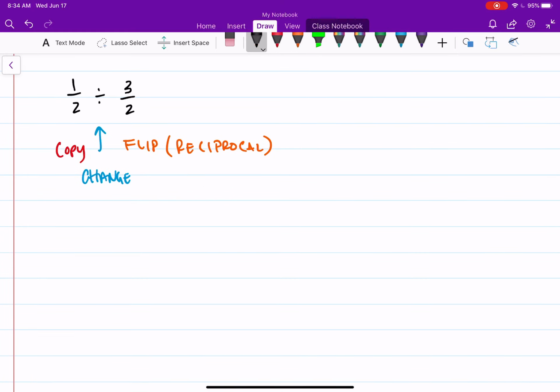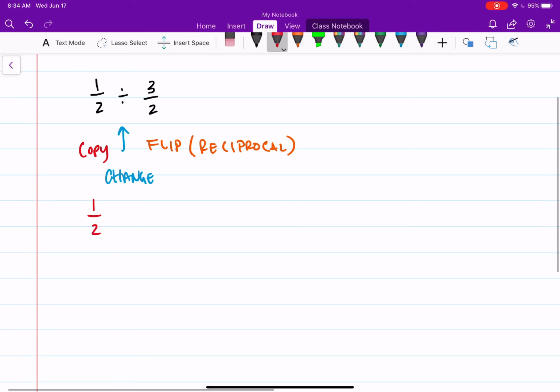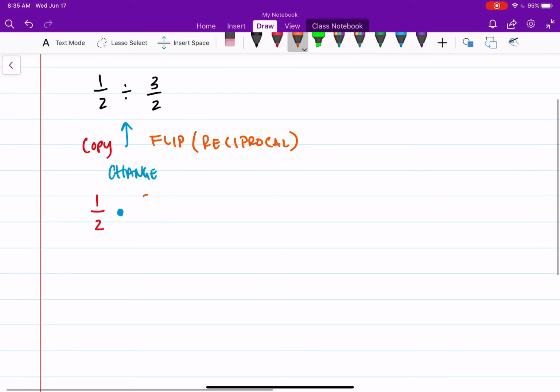So what we will have is 1/2. We'll change the division to multiplication, and then we would flip the second fraction. So what we would have here is 1 times 2 over 2 times 3.